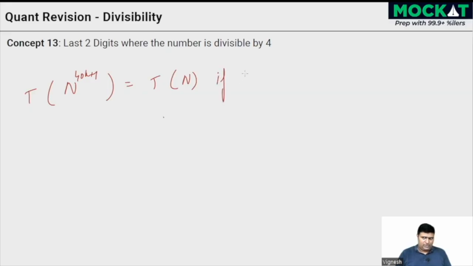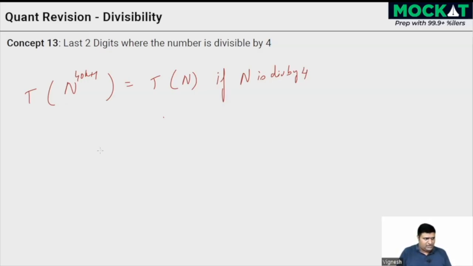If n is divisible by 4, we're going to be looking at the last two digits of the number itself, right? So what is the example we could work with over here?